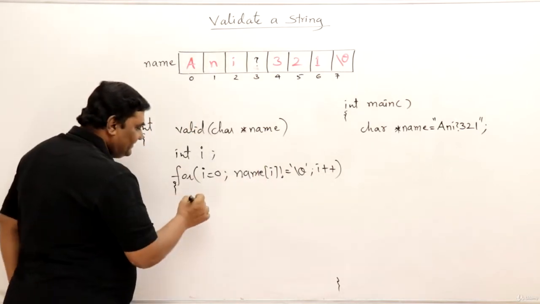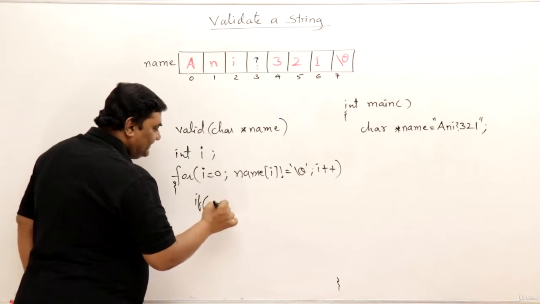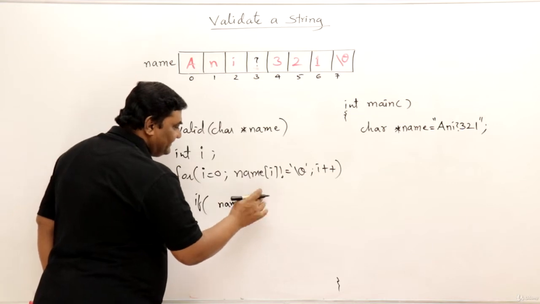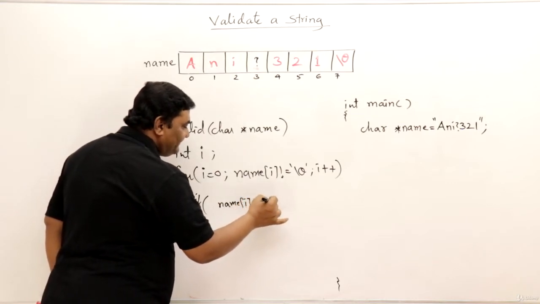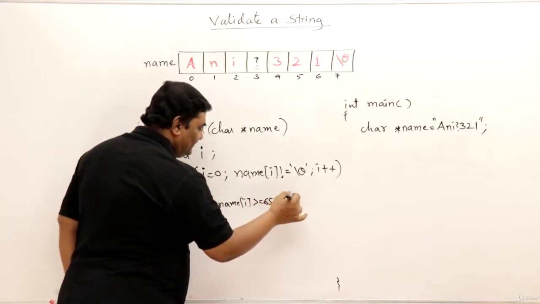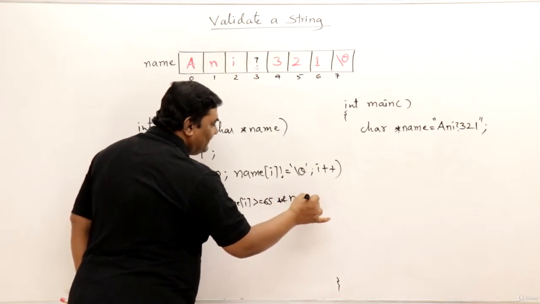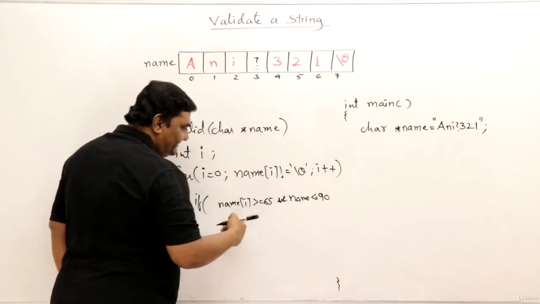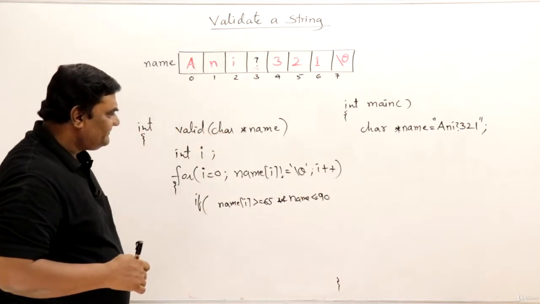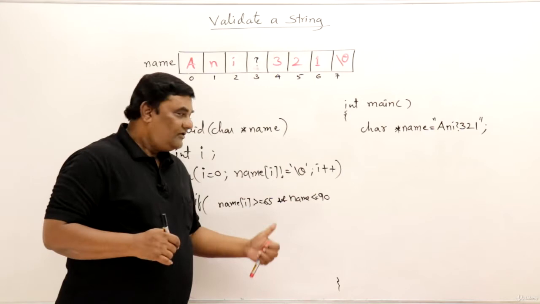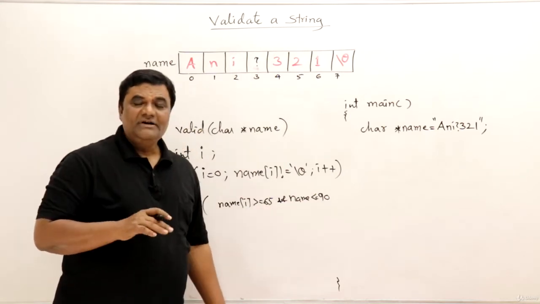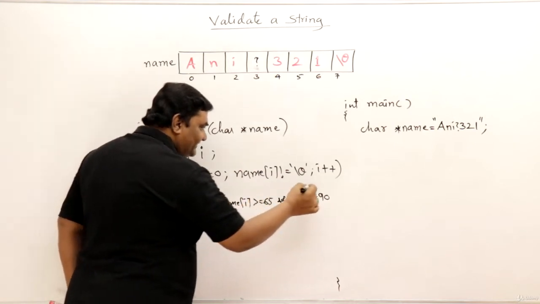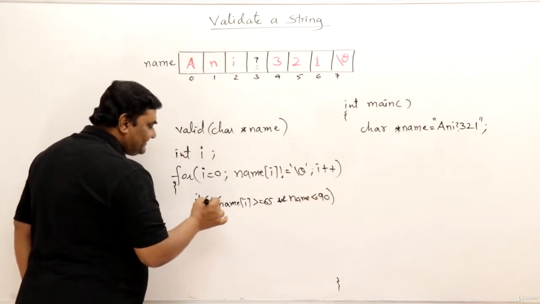Just watch the condition. If name of i is greater than or equal to 65 and name of i is less than or equal to 90. So what is this? This is for the valid range. Yes, it is the valid range, valid uppercase. But I have to check for invalid. So instead of taking this, I should say not of this.